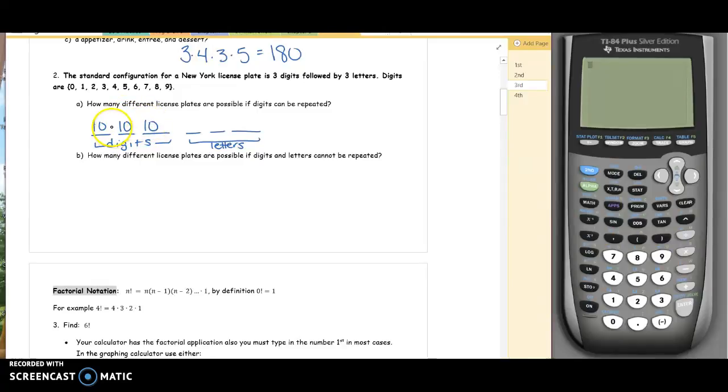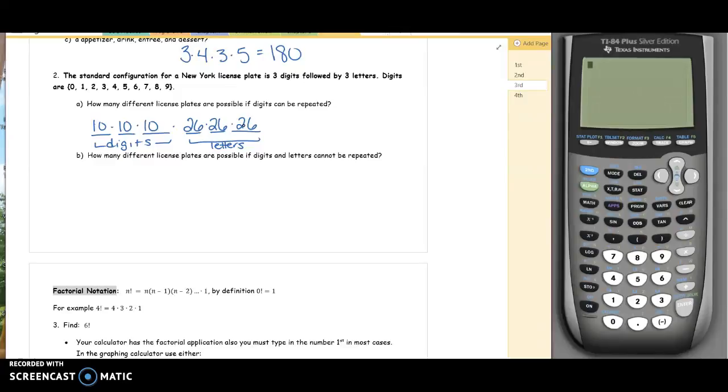How many letter choices do we have? 26. So 26 possible letters for the first, 26, 26. This is going to be a big number. So the license plate 000AAA is one possibility. The license plate 111BBB is also a possibility.